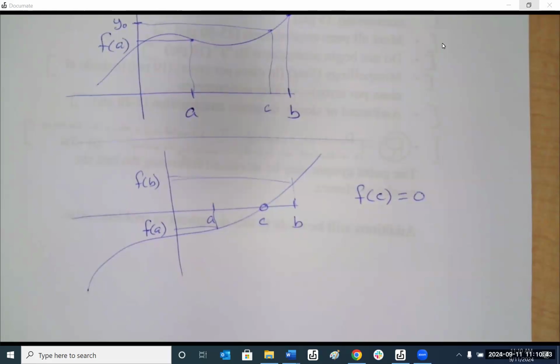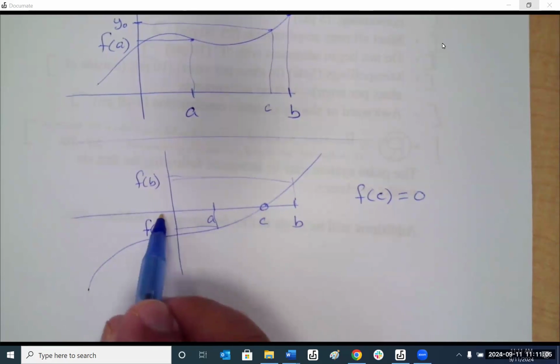But an important concept of this is it's got to be continuous, which means there's no breaks or no jumps anywhere in there or anything that disrupts. It's got to be a continuous function, because f of c is 0.